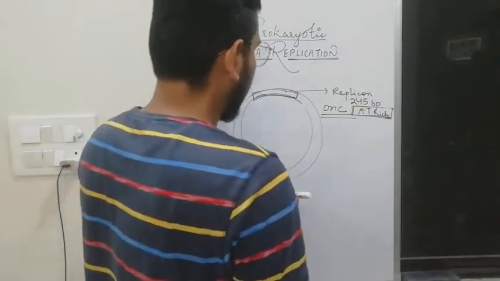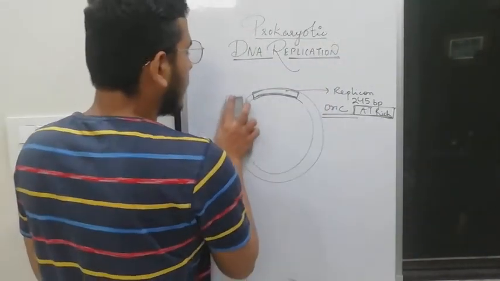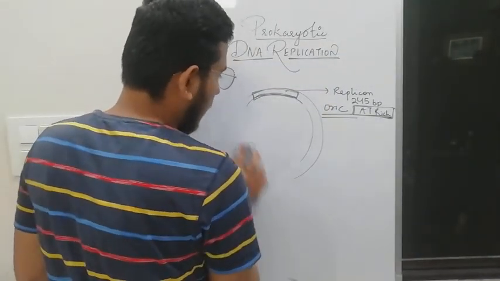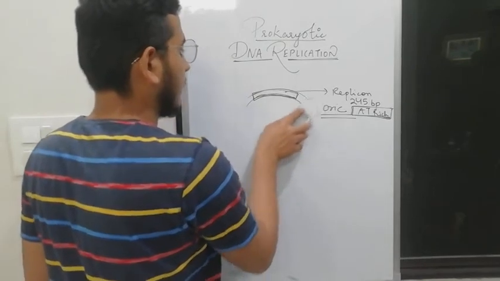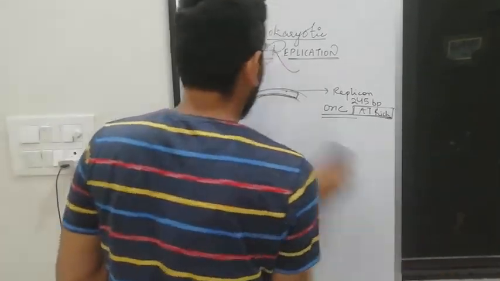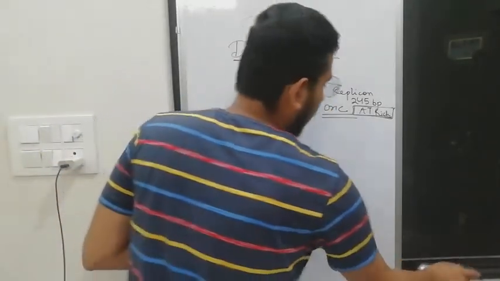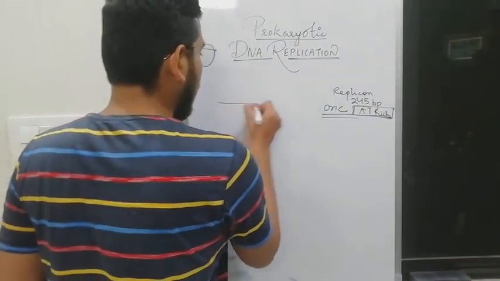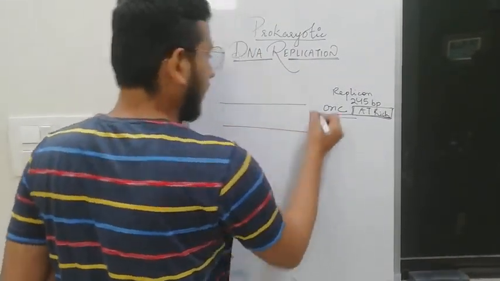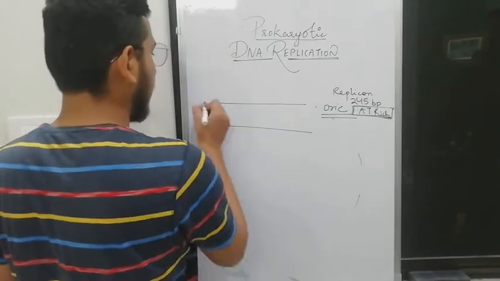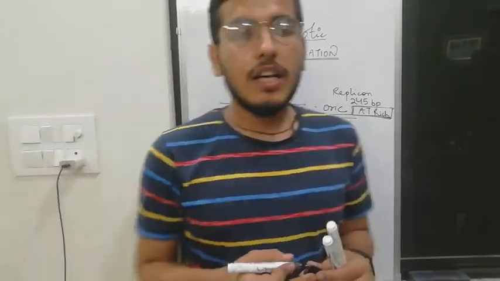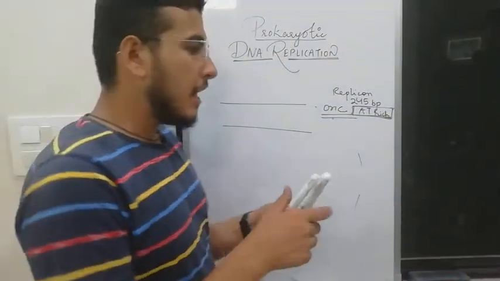So let us assume it like this. This is a DNA, and the rest is circular, we'll see later. In this we will see OriC, the origin of replication.